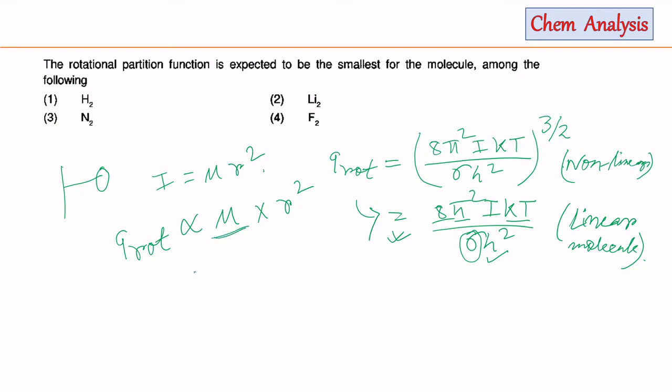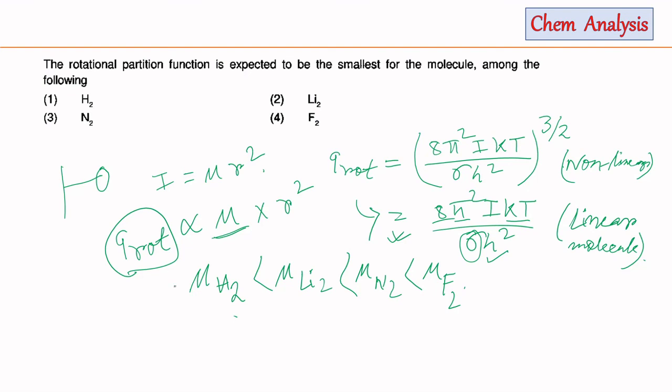Now the order of reduced mass will be mu H2 is less than mu Li2 less than mu N2 less than mu F2. Therefore, the rotational partition function order will be like this, and for H2 the rotational partition function is expected to be the smallest one. So this will be the correct answer.